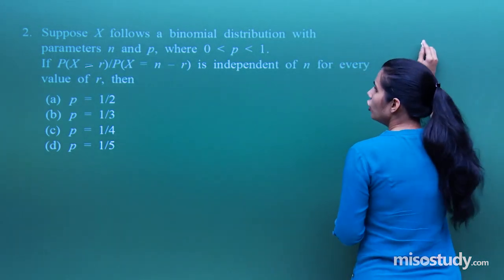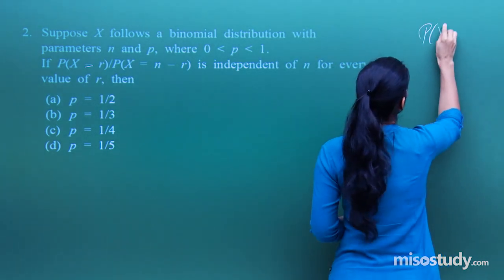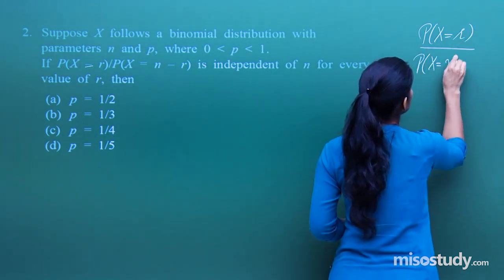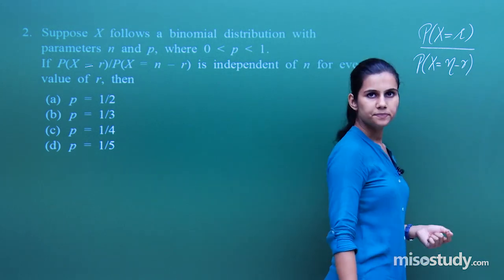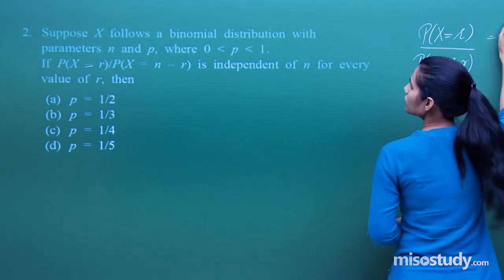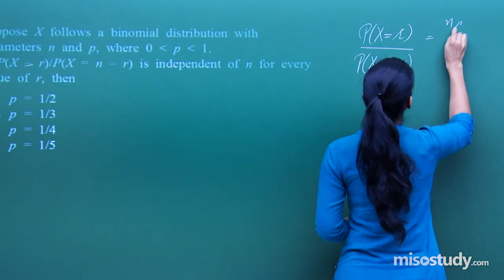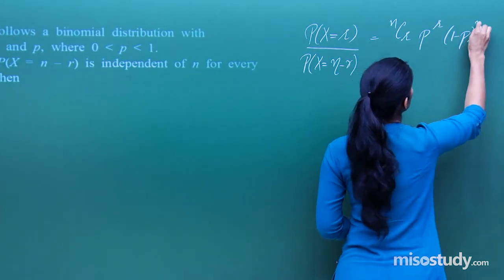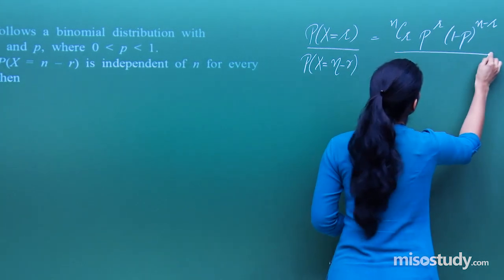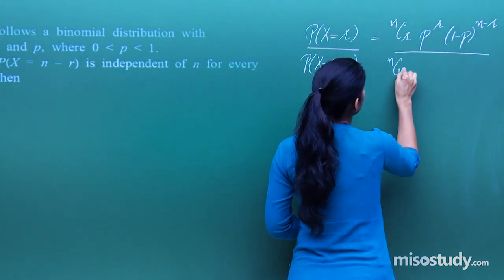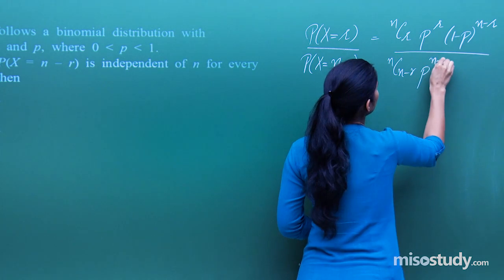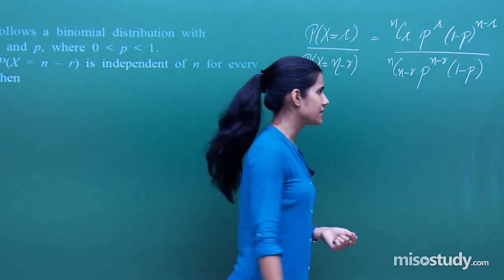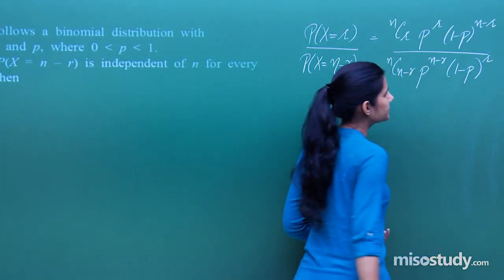Now see, over here, probability of x equals r upon probability of x equals n minus r needs to be considered. This becomes what? So, this is nCr, p to the power r, q, which is 1 minus p, to the power n minus r, whole upon nC(n minus r), p to the power n minus r, (1 minus p) to the power n minus n plus r, which is r.